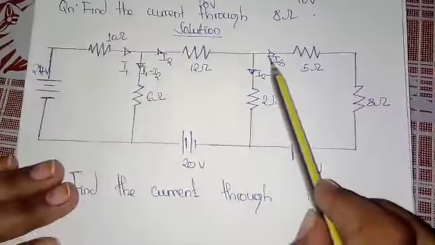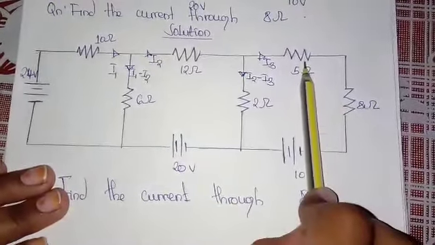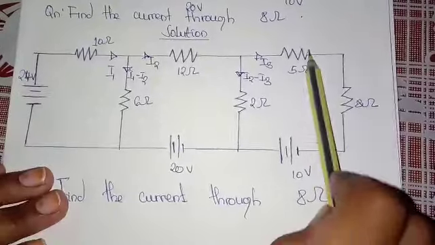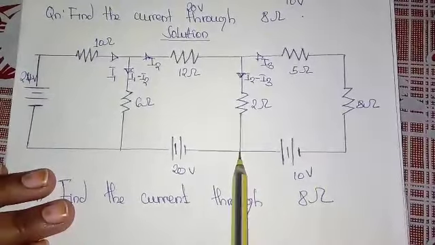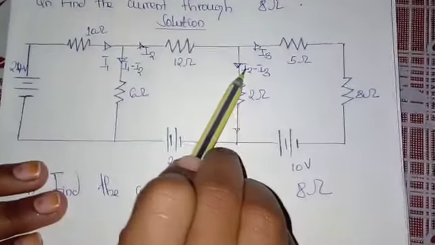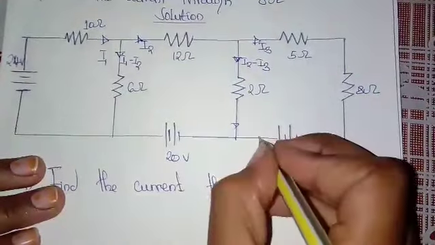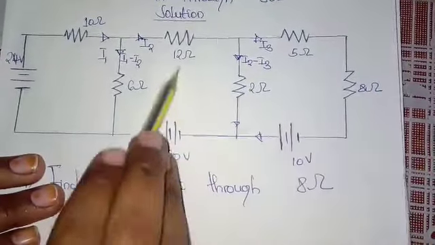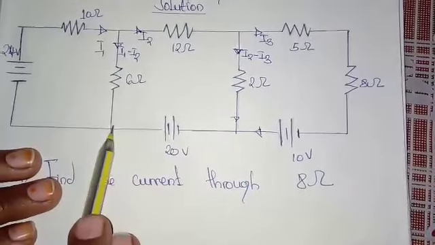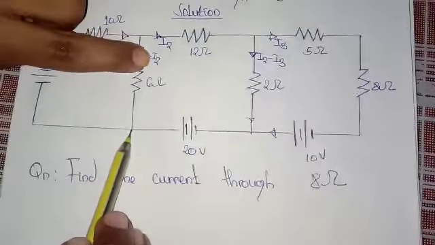As we can see, this is current 3, which will pass through the 5 ohm resistance and 8 ohm resistance, and will flow up to this junction, which will meet the current flowing from the 2 ohm, which is current 2 minus current 3, and the sum of it will be equal to current 2. That will flow to this side up to this junction, which will meet the current 1 minus current 2.